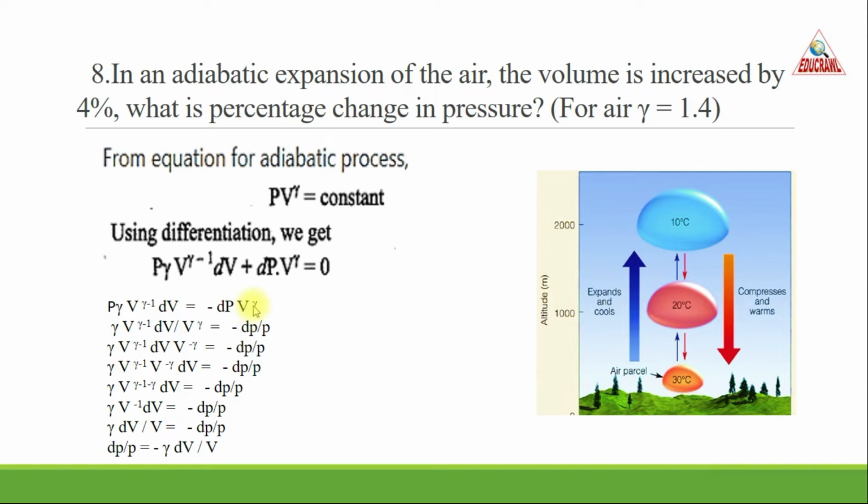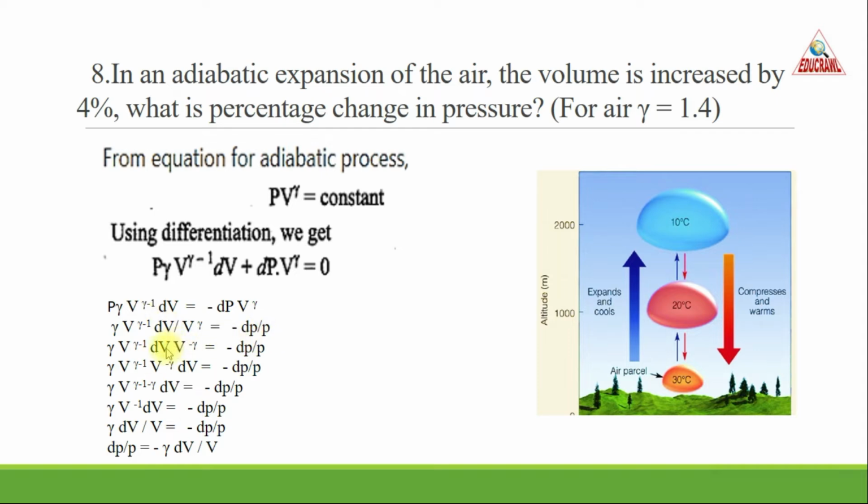That V power gamma, we are taking it to the RHS, and in the RHS you have got P. This P alone I am taking to the LHS. Just a small rearrangement. So we get gamma into V power gamma minus 1 dV by V power gamma is equal to minus dP by P.